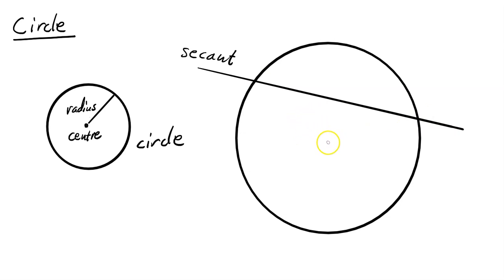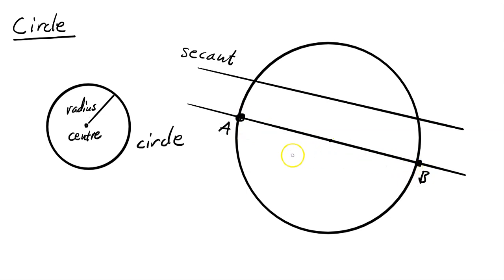And if the secant goes through the center of the circle, like that, intersecting there and there, then the line segment from A to B is called a diameter. And of course here's the center. So this half of the diameter here is the radius.